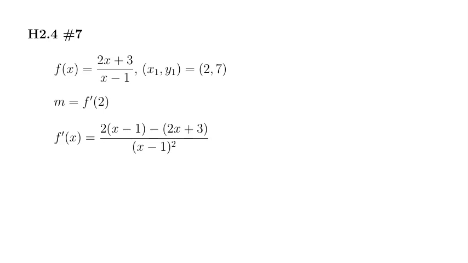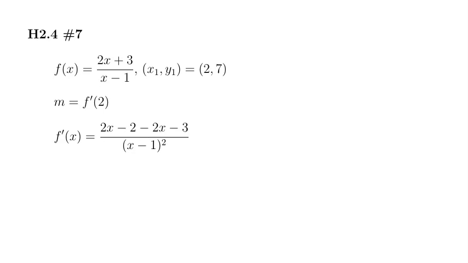Then let's simplify this. I'm going to distribute 2 to x and the negative 1, so you get 2x minus 2. Then I'm going to distribute the negative sign to 2x and 3, so you get negative 2x minus 3.